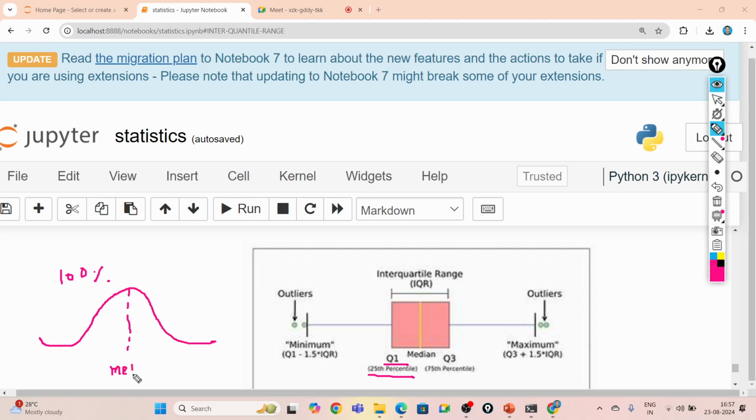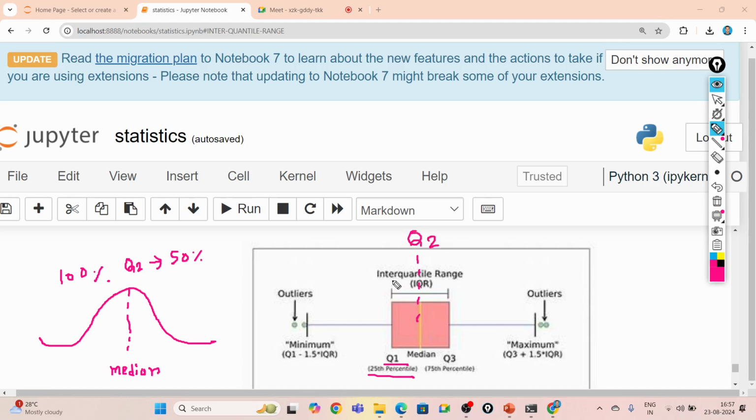Median represents the second quartile, Q2, where we have 50% data. For the median, you will have 50% data towards the left hand side and 50% data towards the right hand side. You can see this median over here. So median is considered Q2, 50% data.